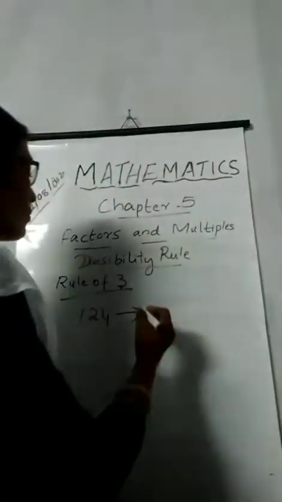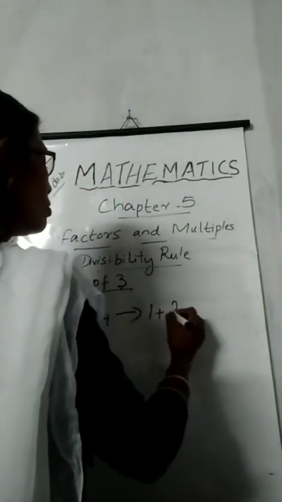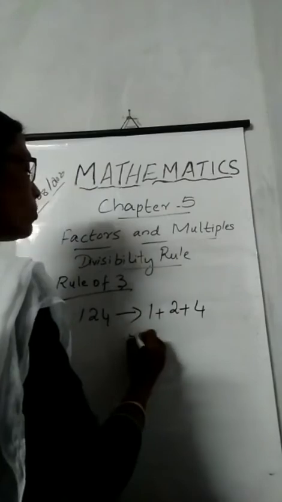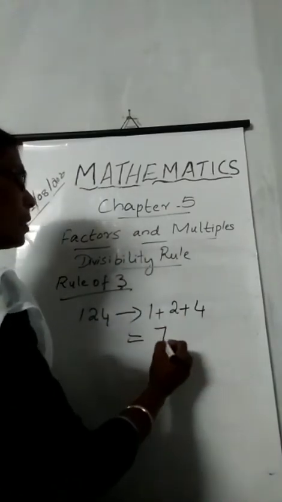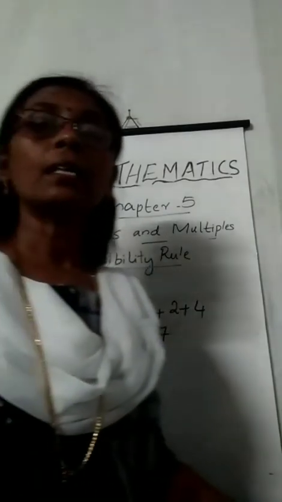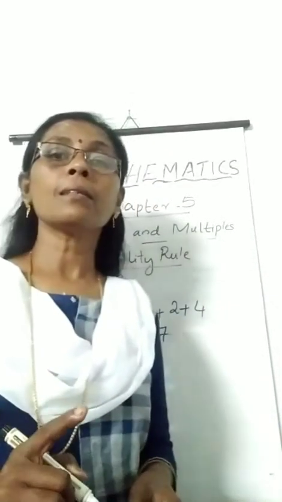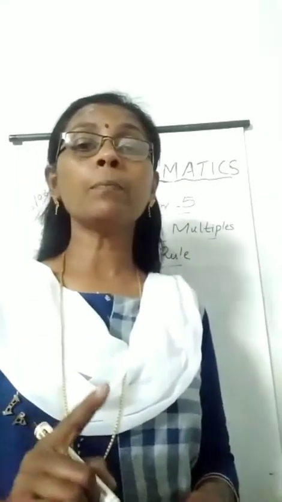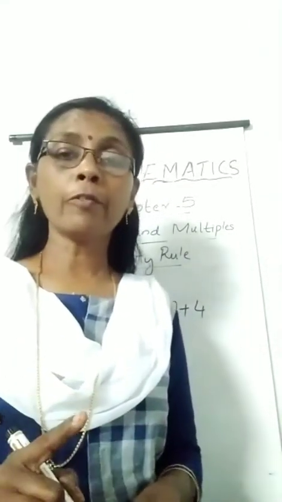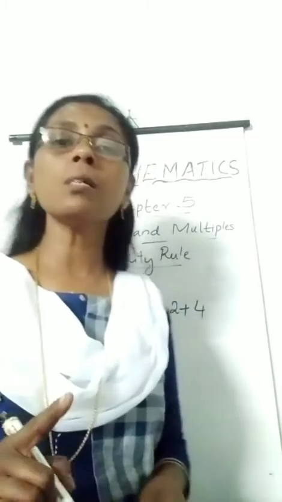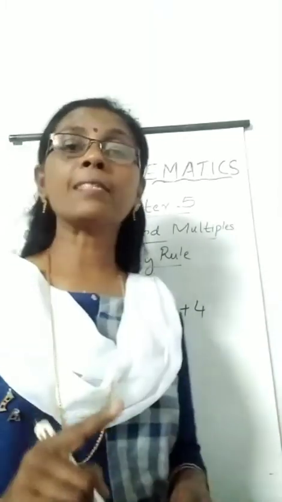Find the sum of the digits: 1 plus 2 plus 4 gives 7, and 7 is not a multiple of 3. Therefore, 124 is not divisible by 3.